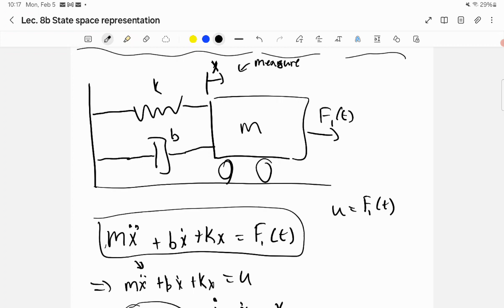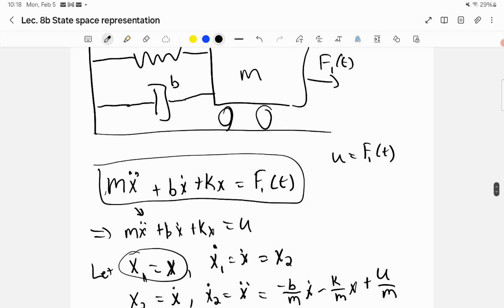I have the cart, it's connected to a spring and a damper, and it has some external input force F1 that's pulling that cart, right? So the first thing I'm going to say is my input force, my u, is going to be F1. The second thing is obviously I can go directly from this to my equations of motion.